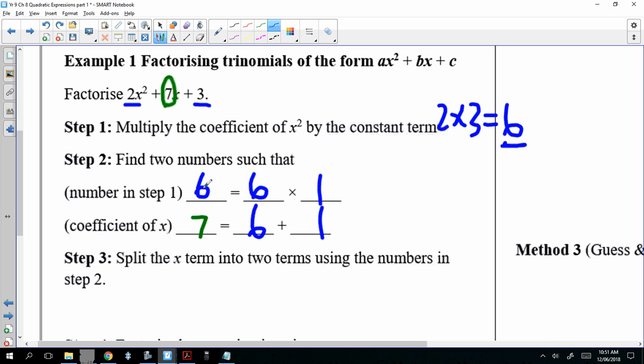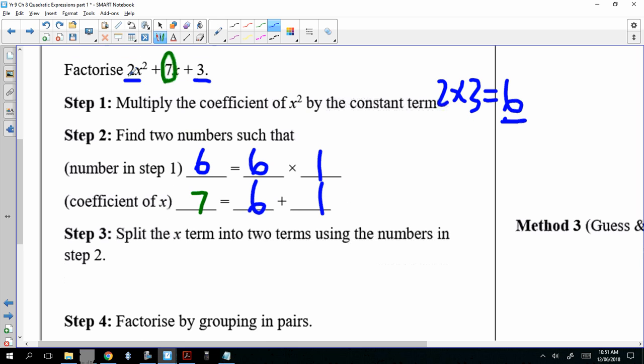So that's the only step that's different, and the next step is also slightly different. Because it has a 2x squared in front, what we need to do is split the x term, the one I highlight, into 2 terms.